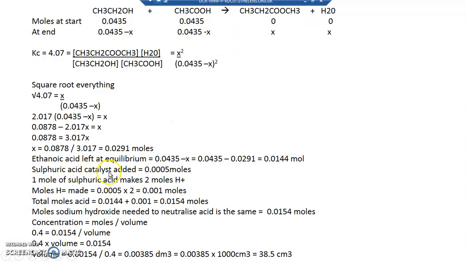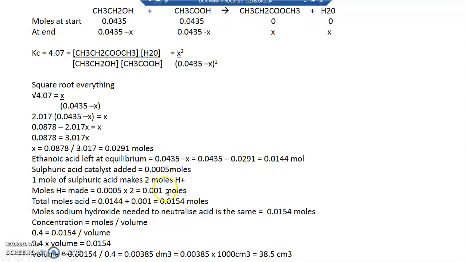I also added some sulfuric acid, 0.0005 moles. But remember, 1 mole of sulfuric acid makes 2 moles of H+. It's a diprotic acid. So number of moles of H+ made equals 0.001. 0.0005 times 2 is 0.001.